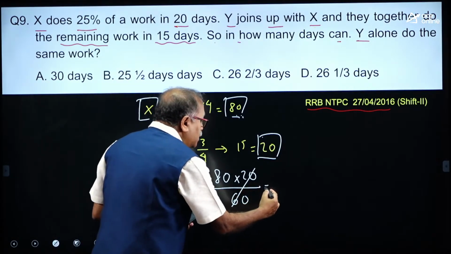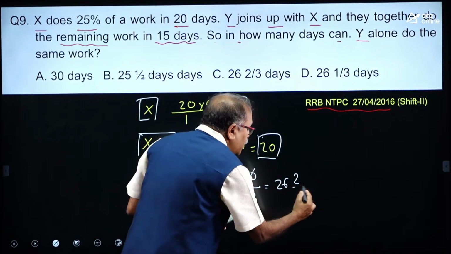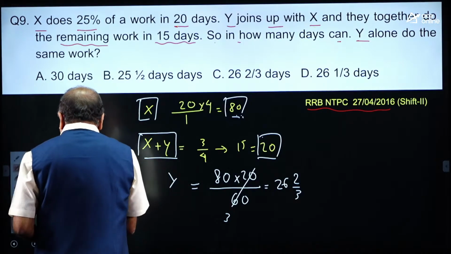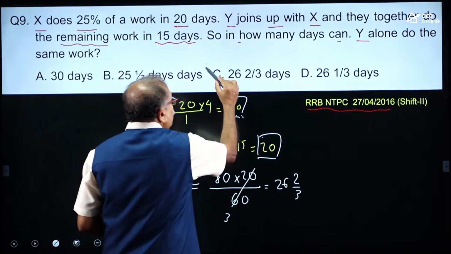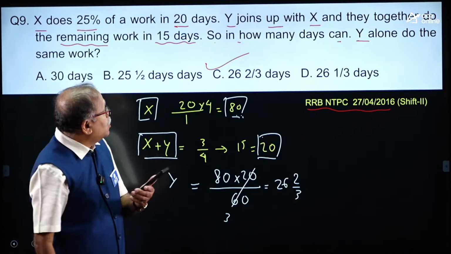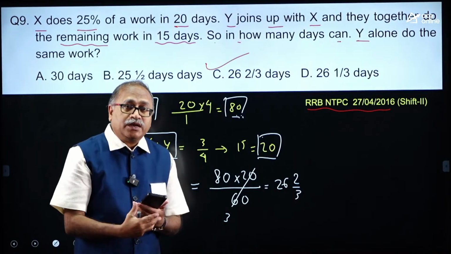That is 3 6s are 18, and 26 2 by 3 is your answer. So, nicely you are involved and answering the question. That is right. Option C, Surya, that is right, well done.